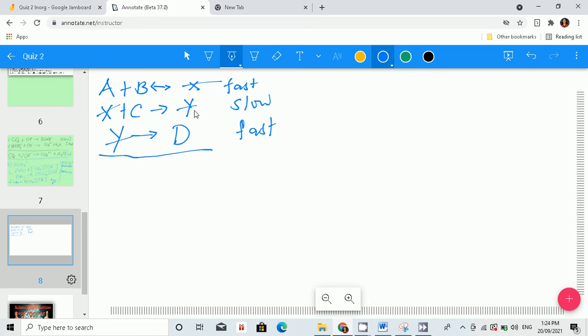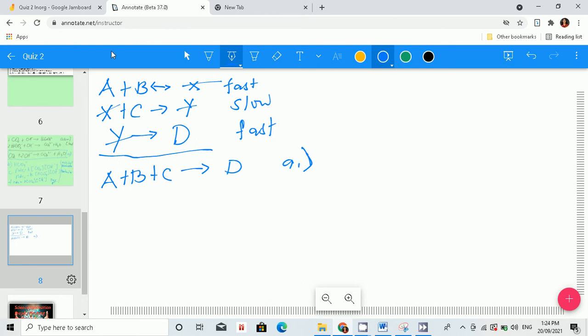And Y also appears as a product and was consumed. So for the overall reaction, we have A plus B plus C yields D. This is our overall reaction equation.